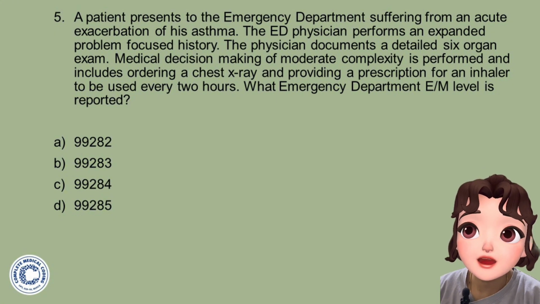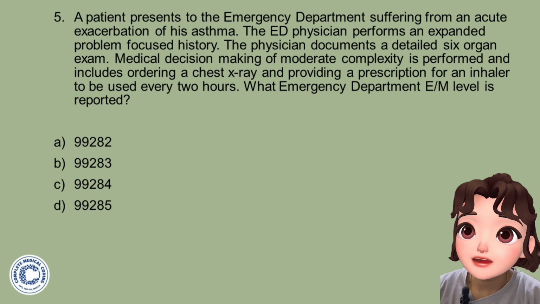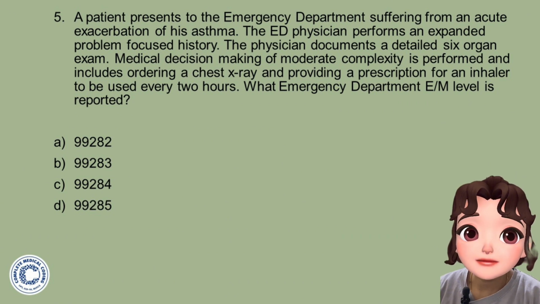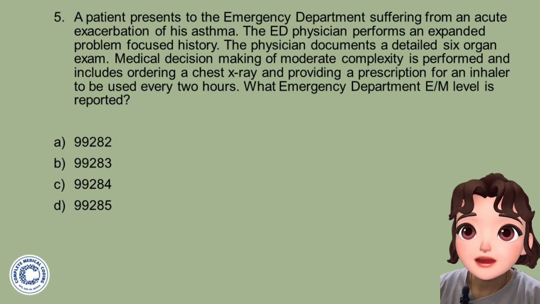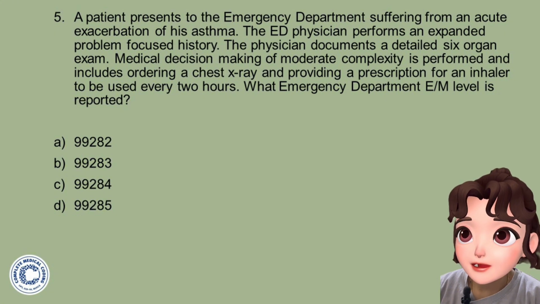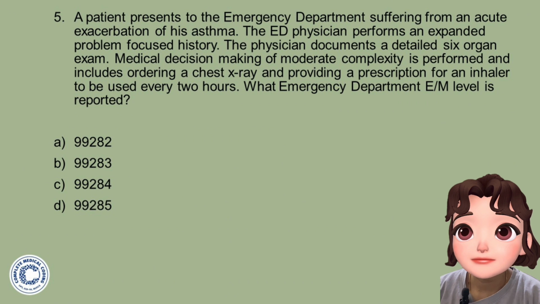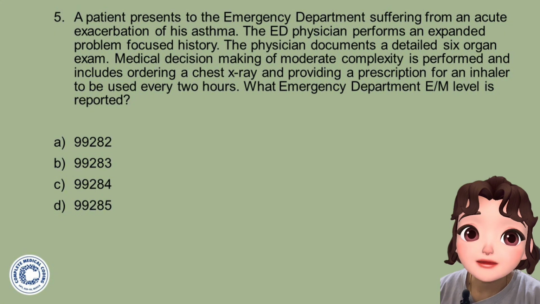99284. Here the 3 key components are detailed history, detailed examination, and medical decision making of moderate complexity. No, at least 2 key components have to match. So here only one is matching, medical decision making of moderate complexity. Now what is 99285? That represents a comprehensive history, comprehensive examination, and medical decision making of high complexity.